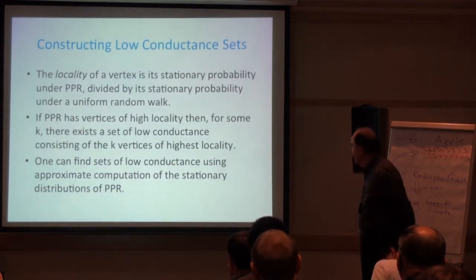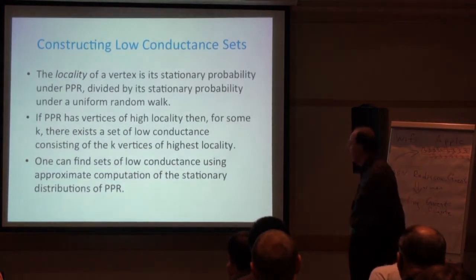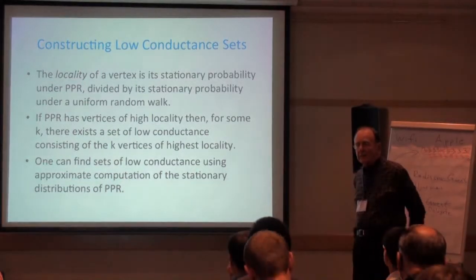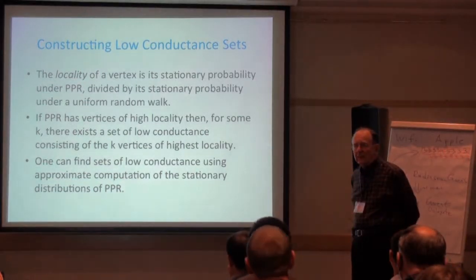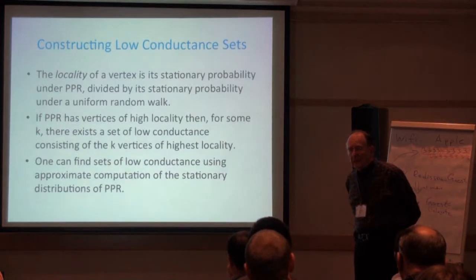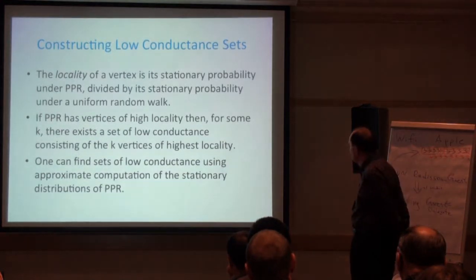And so by searching through this list of vertices of high locality and computing conductances of successively larger sets of vertices, one can find sets of low conductance in this manner.